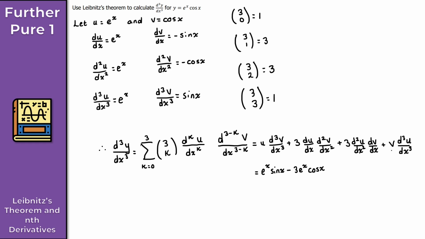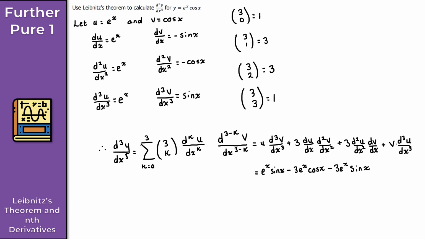So now for the third term here, we have 3 lots of the second derivative of u times dv by dx. That's 3 lots of e to the x here. Then we times that by dv by dx, which again is negative. So this will change from a plus to a minus, but dv by dx is sine x. So we'll write down the sine x here and then change the plus to a minus, like so.